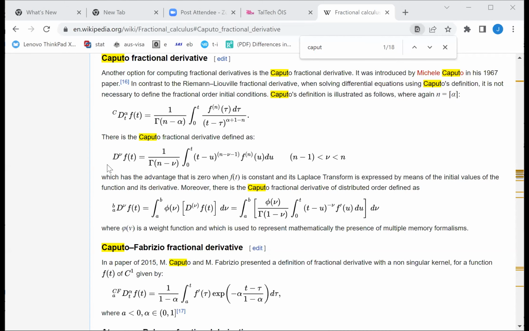Here you go. So any power of the time derivative, the derivative to the power alpha, is expressed in terms of an integral. Okay, we can put n equal to 1, for instance.